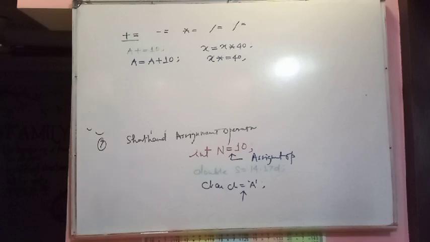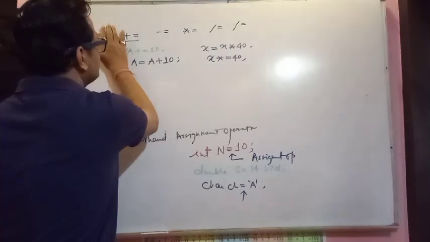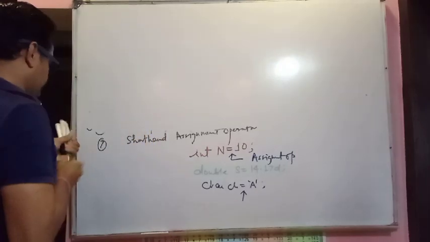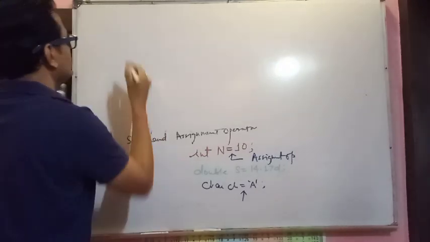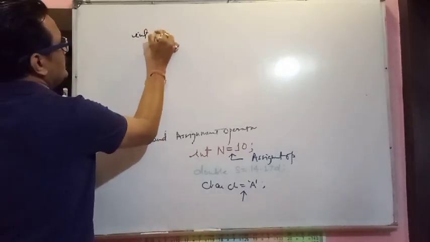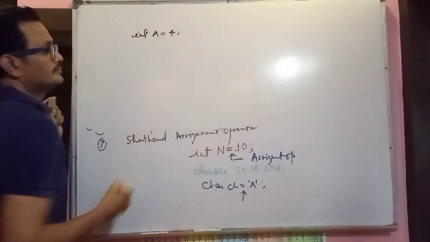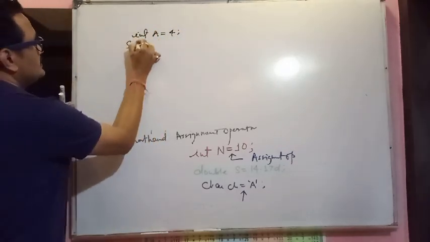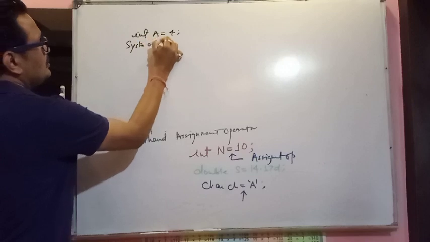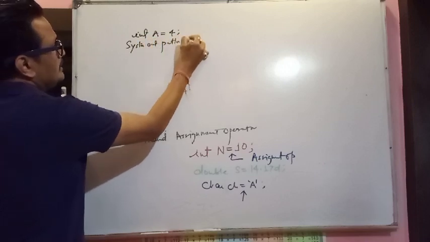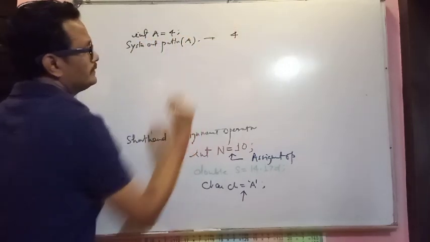I will give you a few examples here. Suppose int a is equal to 4. If you print System.out.println(a), definitely your answer will be 4.